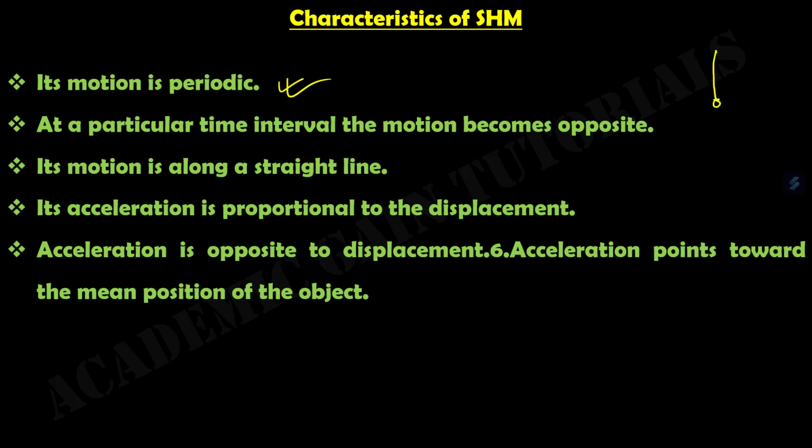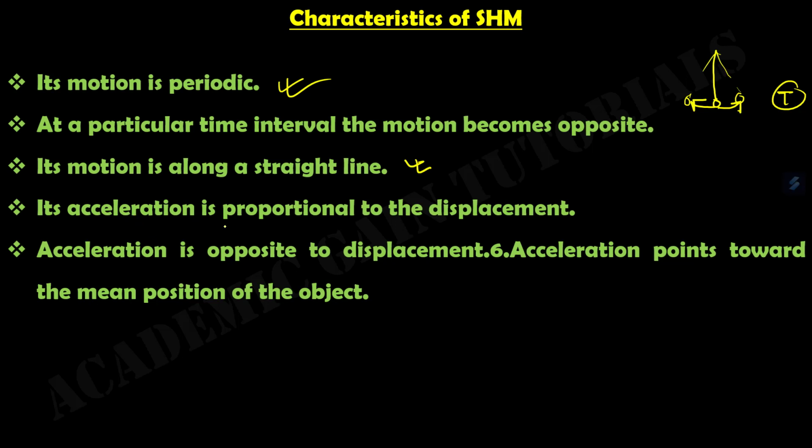Suppose this is our pendulum, and this whole time interval is T. Then for half of the time interval it moves in this direction, and for the other half it moves in this direction. So these two time intervals are actually opposite. Its motion is along a straight line. We'll discuss this later in this chapter.